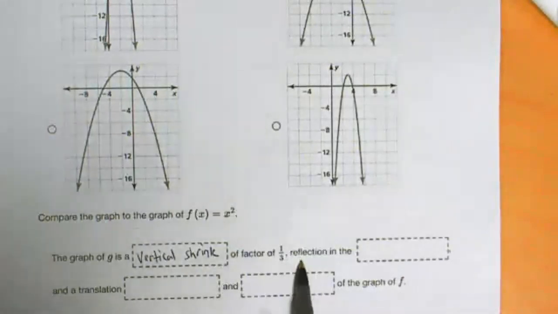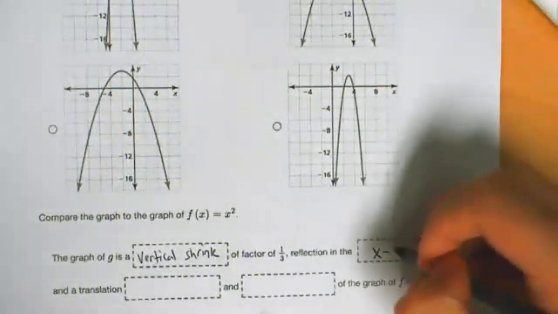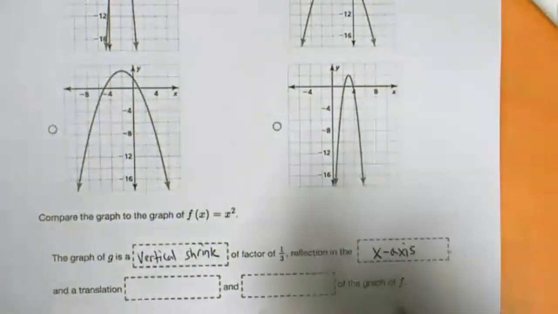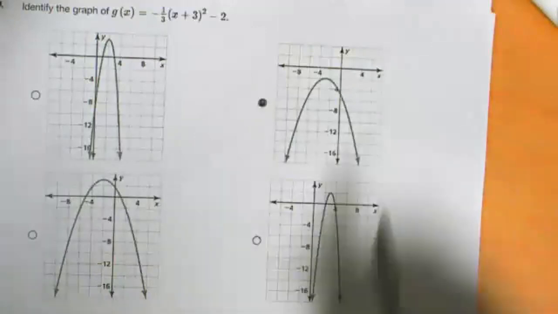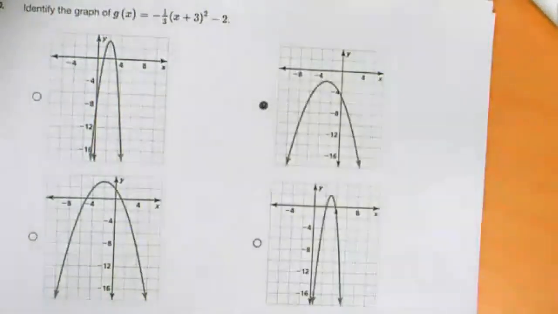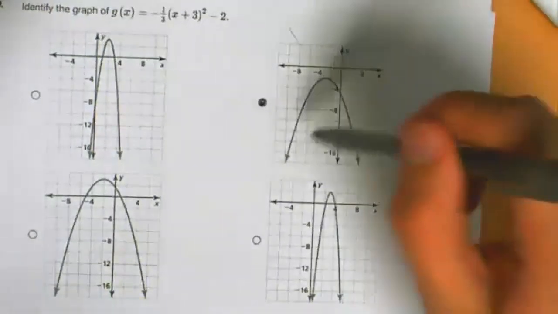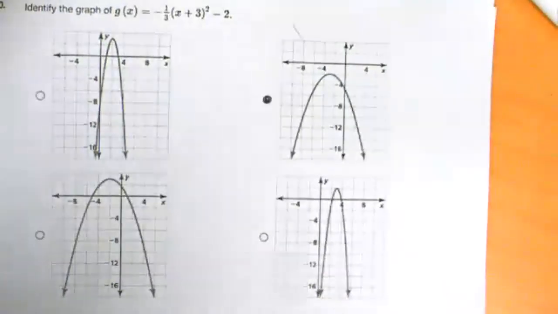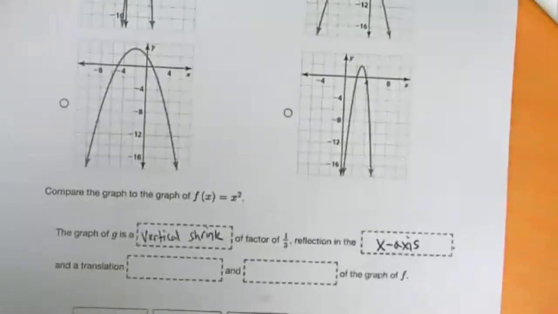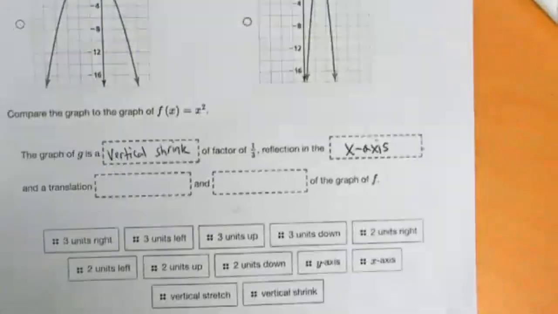Now, the next part is reflection in the what? All of the reflections we have are in the x-axis. But that refers to it flipping from opening up, like this, to opening down, as we can see here. And then we have to look at our translations. And we need to look at them in terms of whether or not they're moving up and down, left or right.